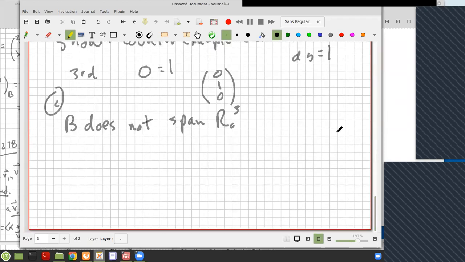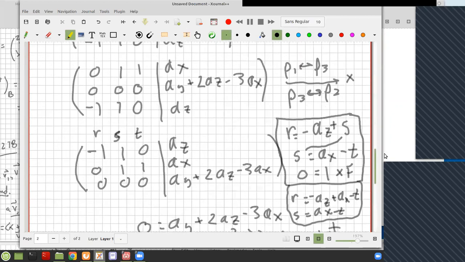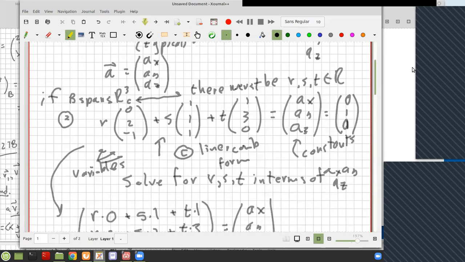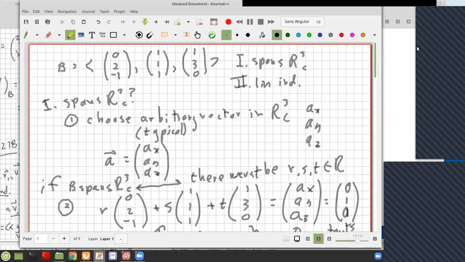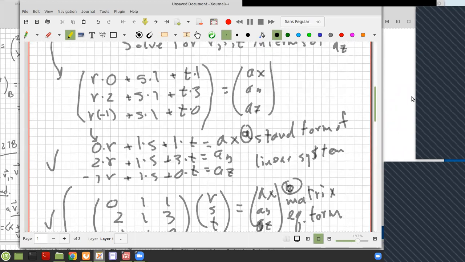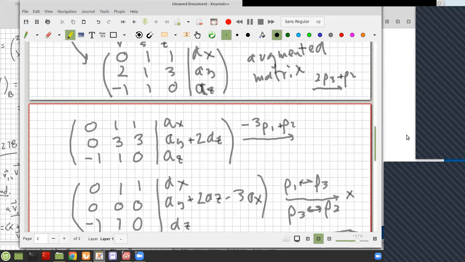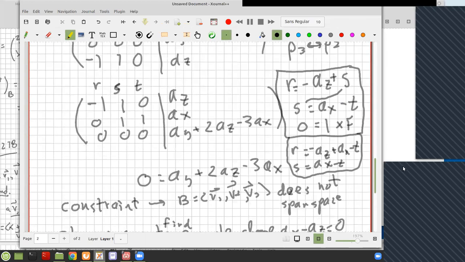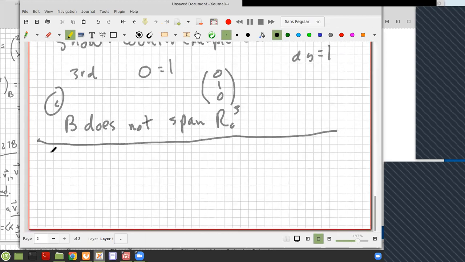Okay, well, you could stop there, but sometimes you can still ask, well, maybe they're linearly independent. So that's another thing we could ask: are those three linearly independent? Well, you don't have to go back and solve it all again. This is part 2, linear independence.